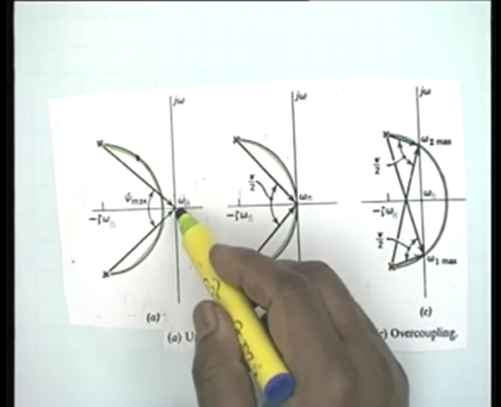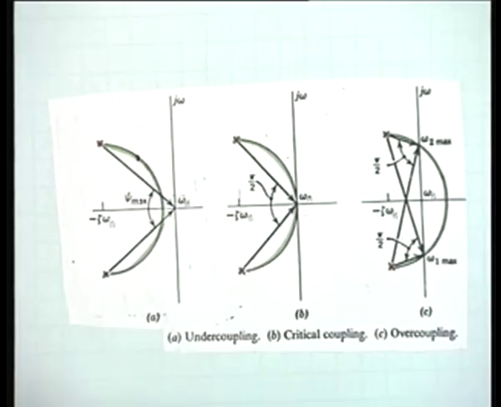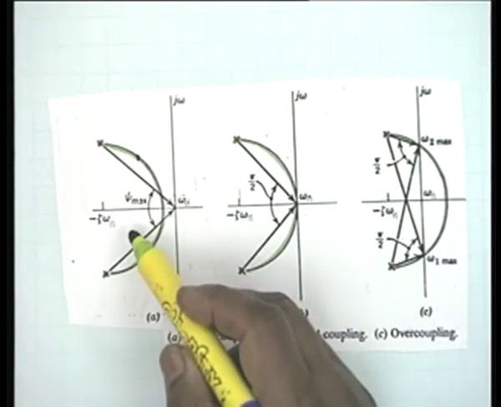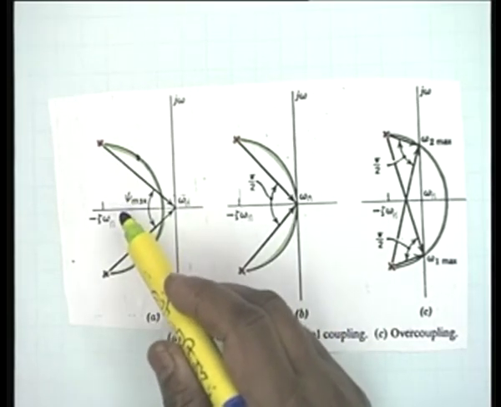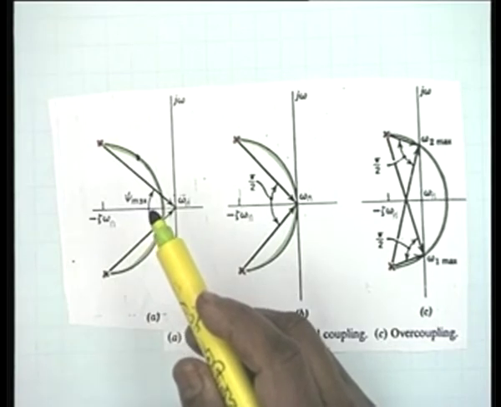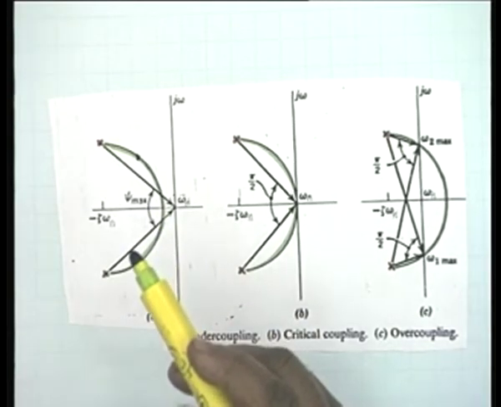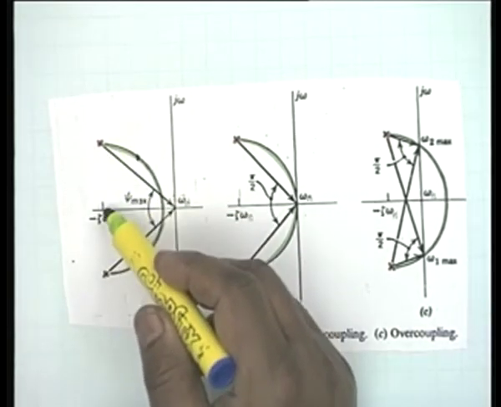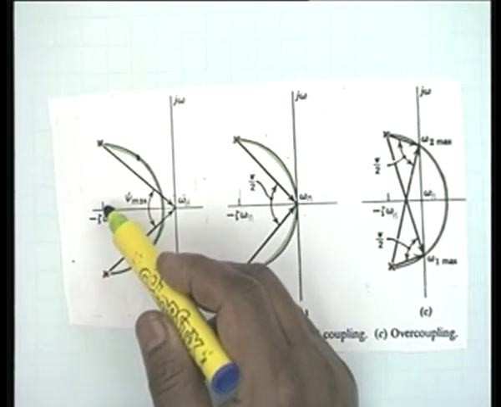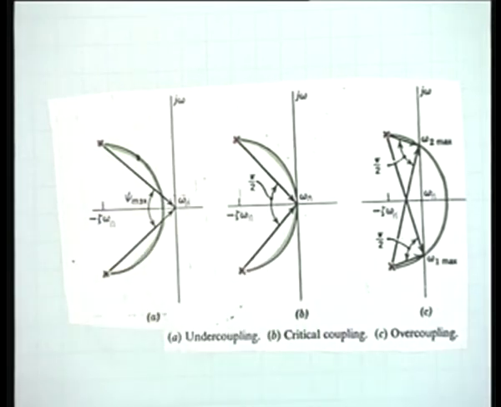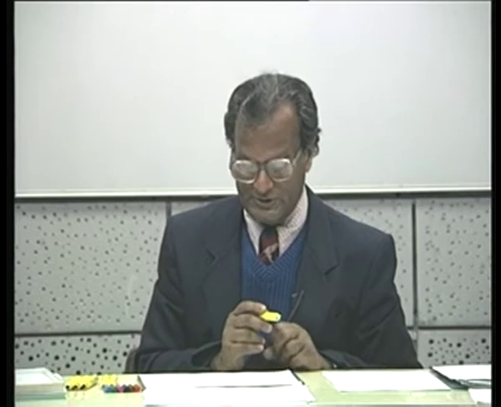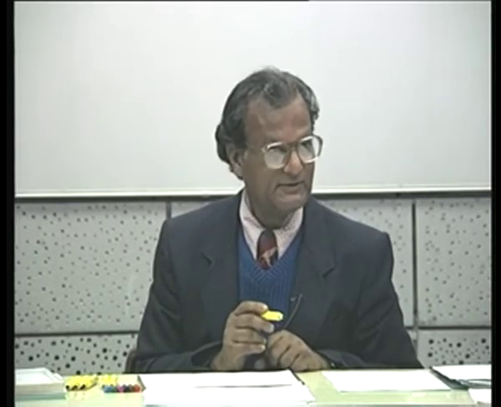You see, in the first figure, the peaking circle does not touch or intersect the j omega axis, which means that for this k is less than 2 zeta. Is that clear? K omega n by 2 is less than zeta omega n, so k is less than 2 zeta, which is called the over.